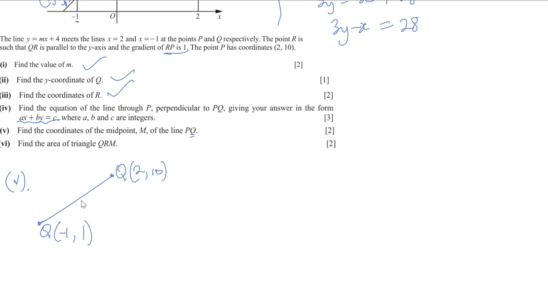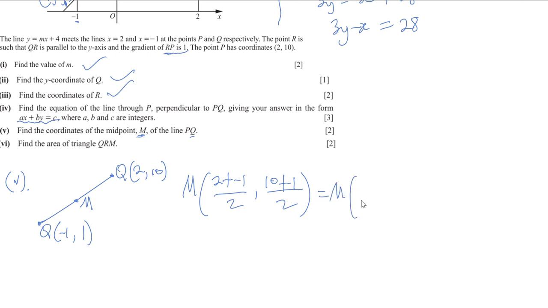Now the question says we should find the coordinate of the midpoint M. What's the formula? Midpoint equals sum of the x coordinates, 2 plus minus 1, divided by 2, comma, sum of the y coordinates, 10 plus 1, divided by 2.